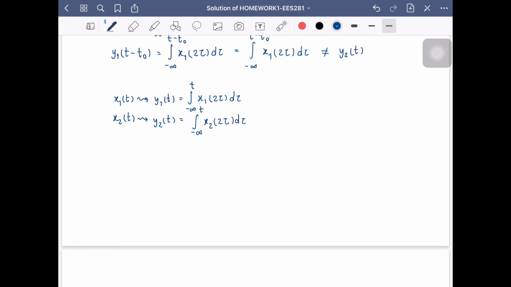Then we define x3(t) equal to a x1(t) plus b x2(t).